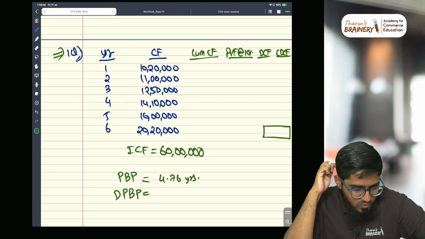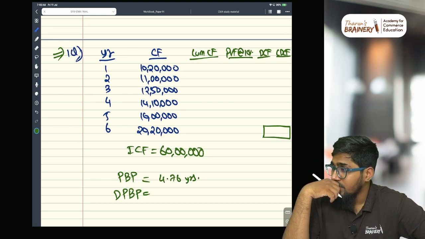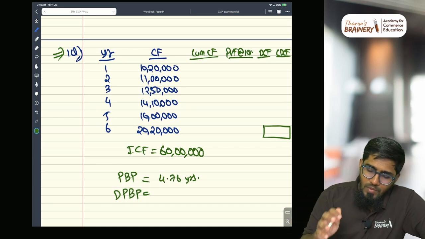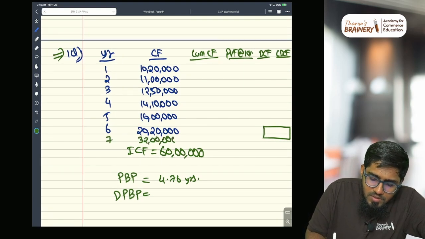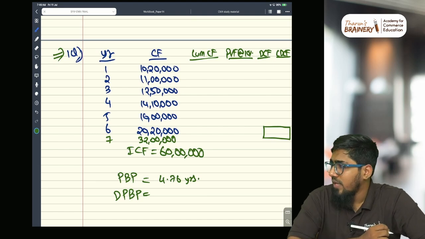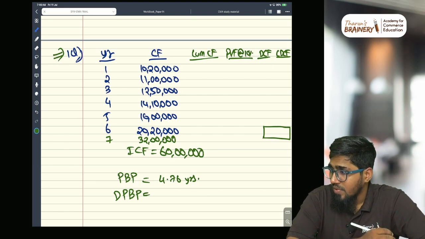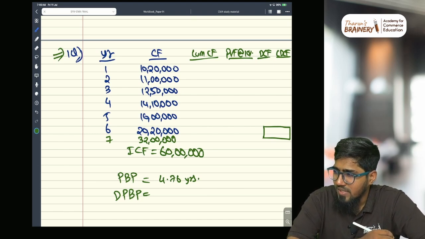I hope everyone is doing the same thing. If you're having this, also include one more seventh year, 32 lakhs. Okay, now you can tell me. You can include one more 32 lakhs just for discounted payback period purpose.